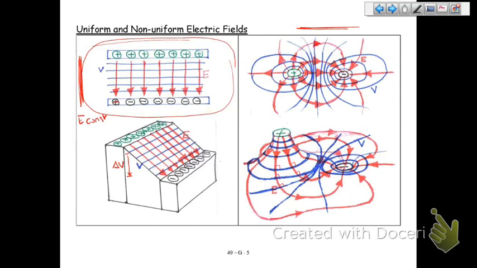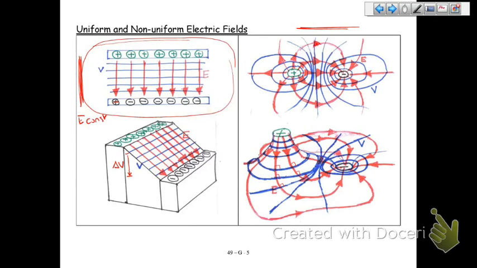Over here, the electric field is varying, so it's going to change as I walk along my path. The steepness of the slope is going to change as I walk along my path, because the electric field is changing. Do you see that analogy?